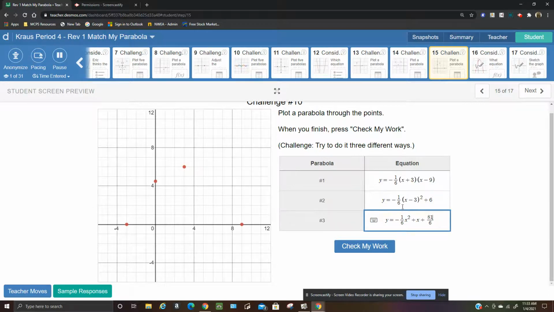What is it? 72/6 is 36, minus 9/6. 36 minus 9 is 27.